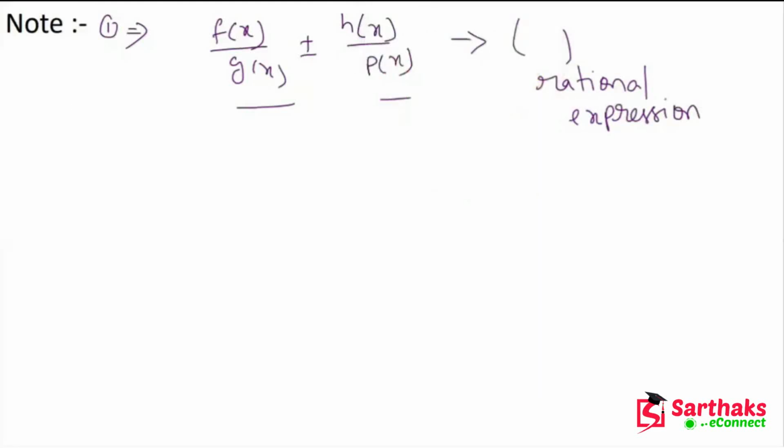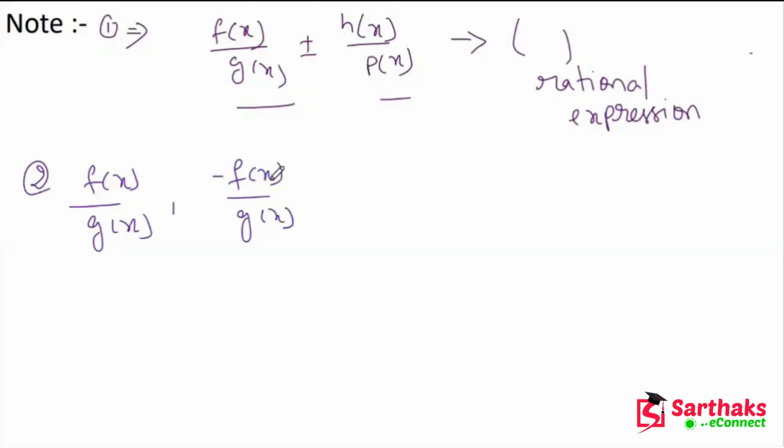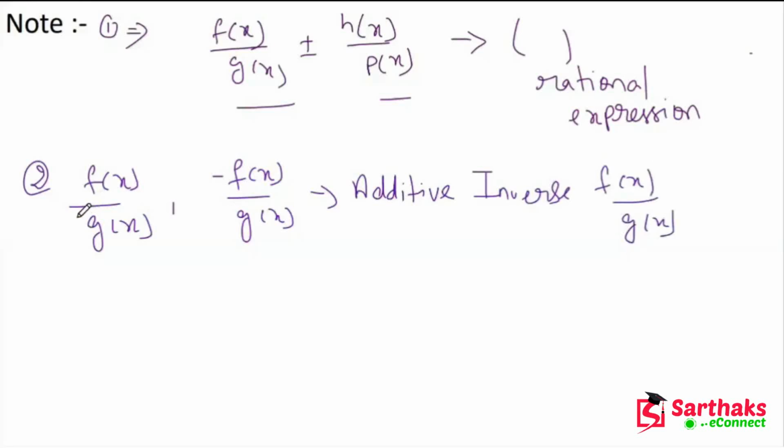Now, for any rational expression, like f(x) divided by g(x), minus f(x) upon g(x) is called the additive inverse. It is the additive inverse of f(x) upon g(x).